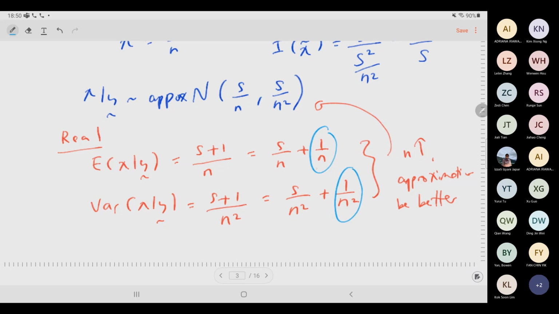So your true and your approximate mean and variance will actually be very close. Meaning that this normal approximation will be better as your n gets larger.